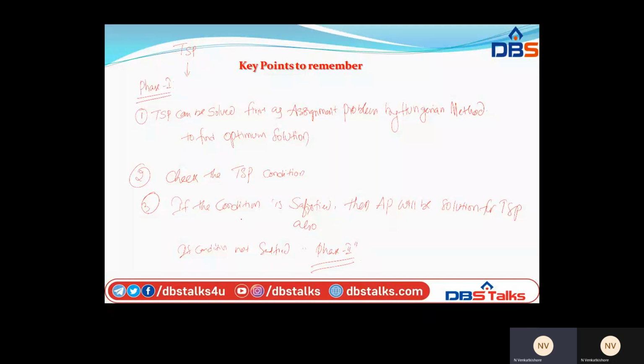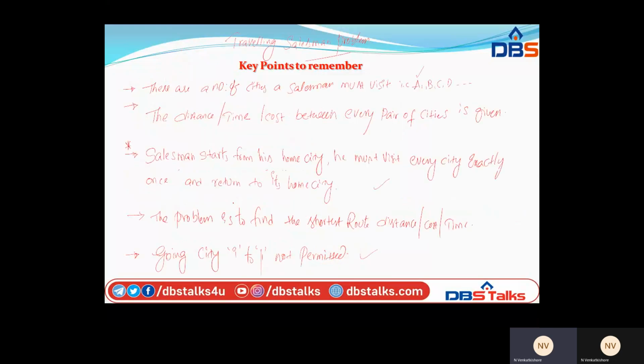After that, check the traveling salesman problem condition. What is the condition? As we noted previously, the salesman has to start from the home city and come back to the same city, and he must visit every city exactly once.